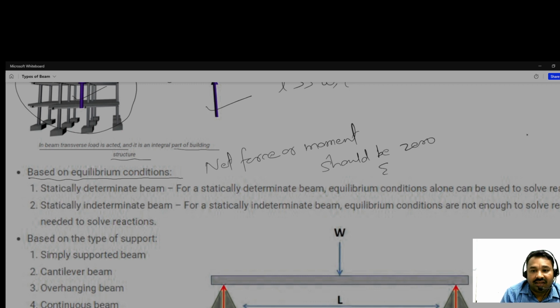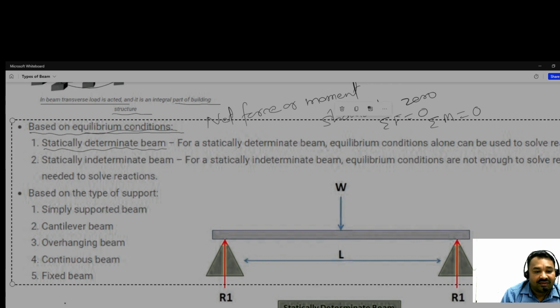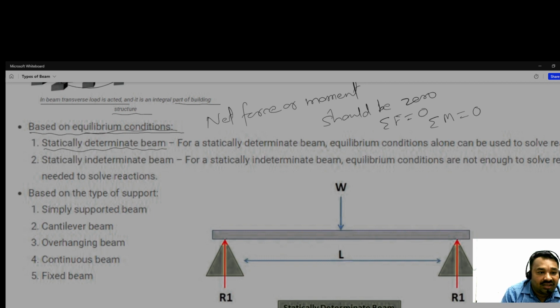Like summation of F is equal to 0, summation of M is equal to 0. Then based on the equilibrium conditions, we can classify statically determinate beam and the statically indeterminate beam.